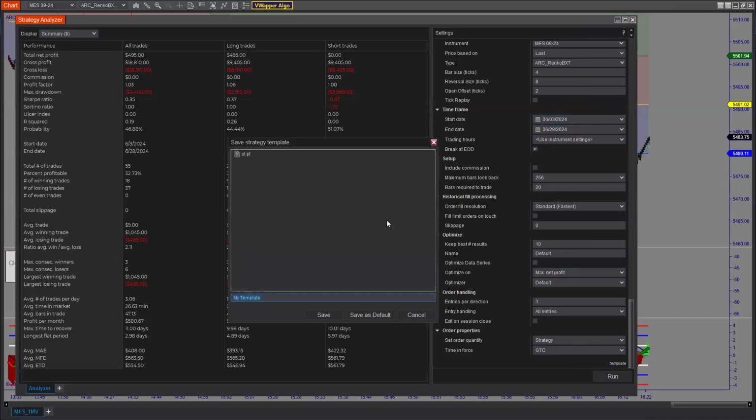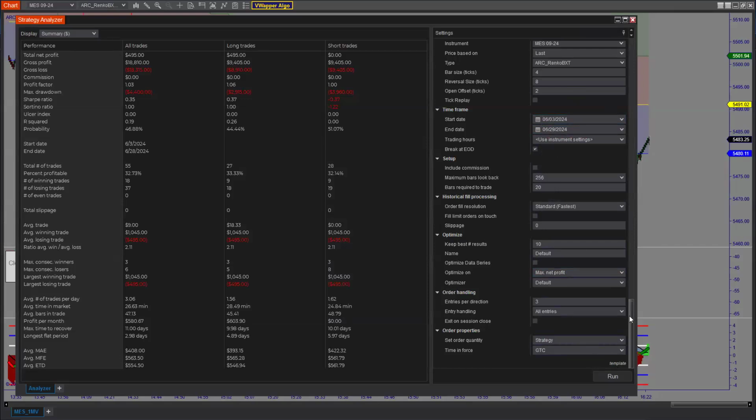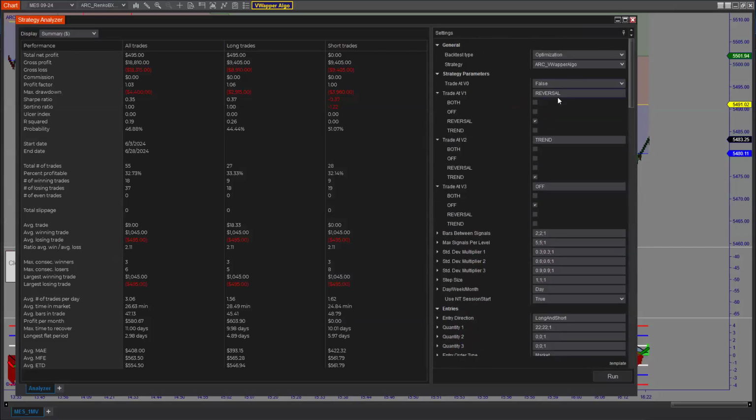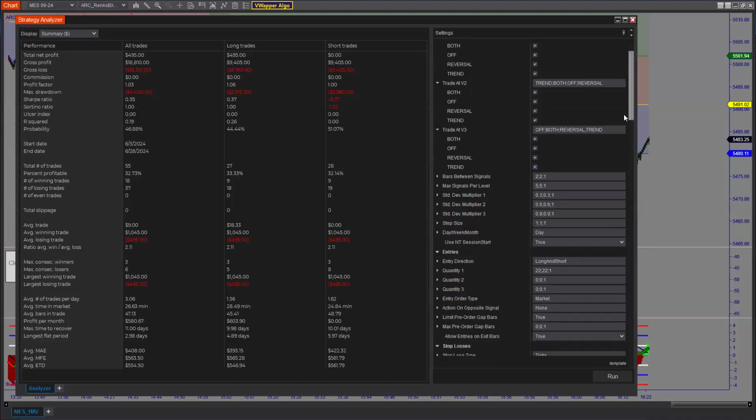I'm going to save as MES optimizer. Saved. Now what I'm going to do is go to optimize both, reversal, trend, off. I'm going to check all the boxes. Cool.